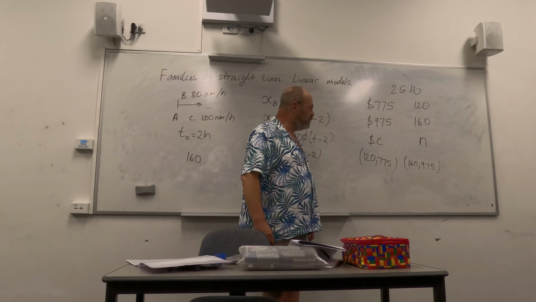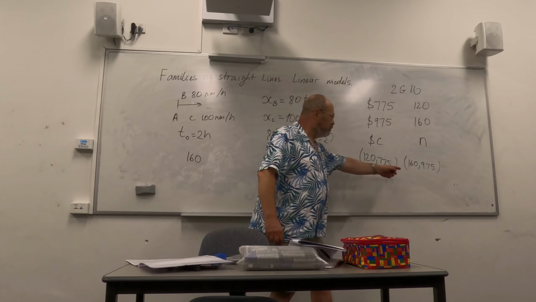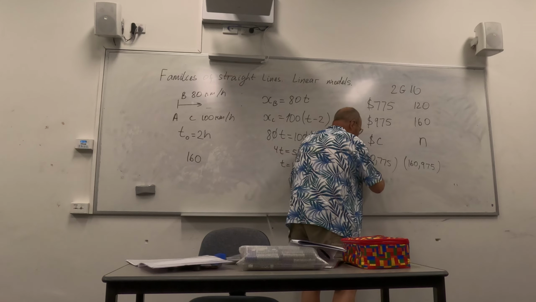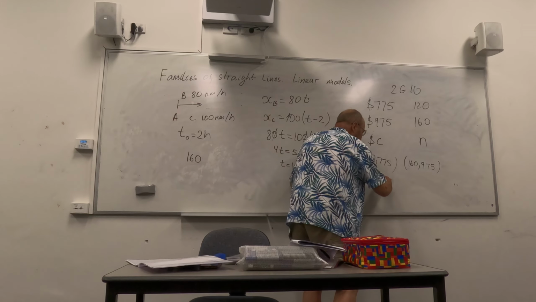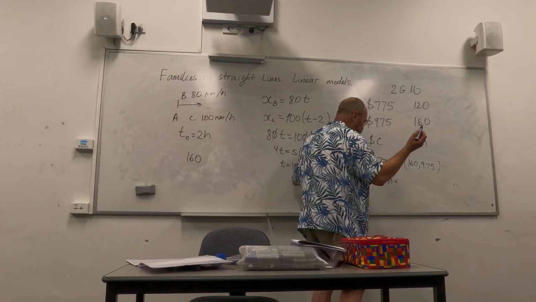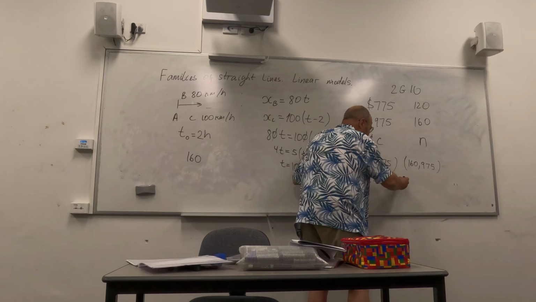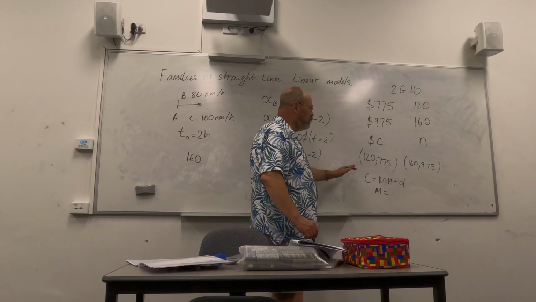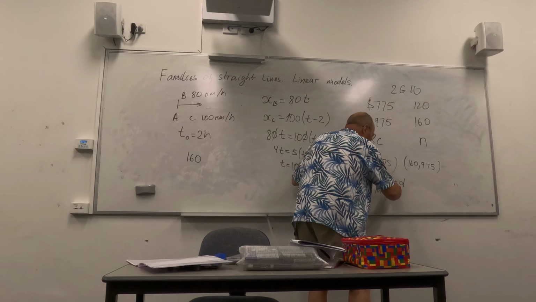What is the gradient? 200 over 40. So the equation is C equals mn plus D. We found that the gradient is 200 over 40, which is 5.